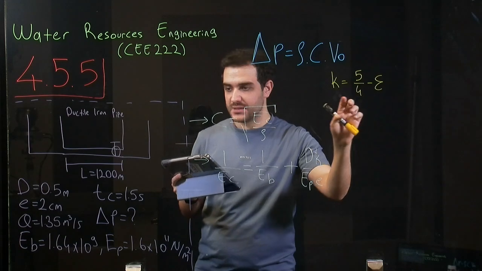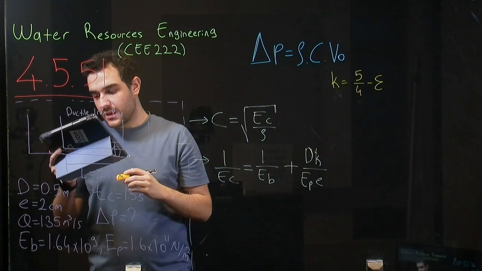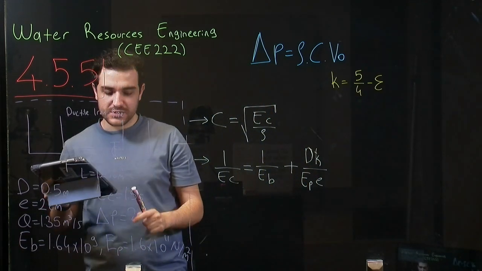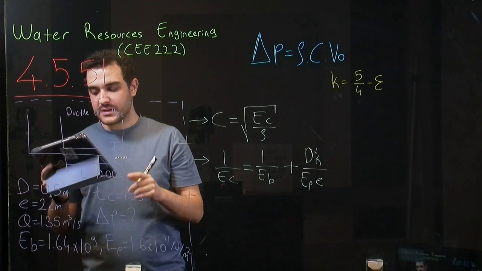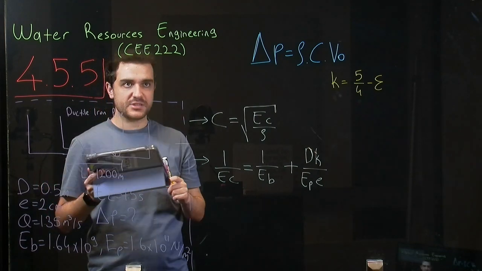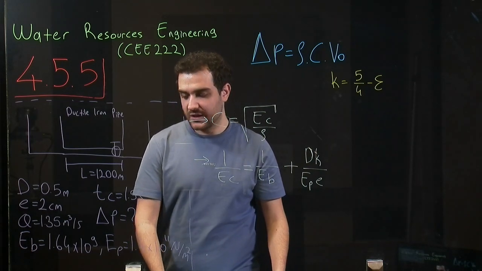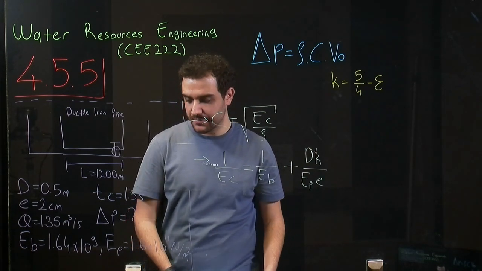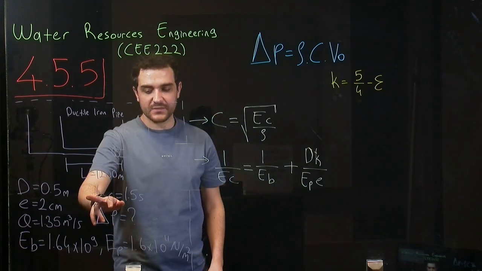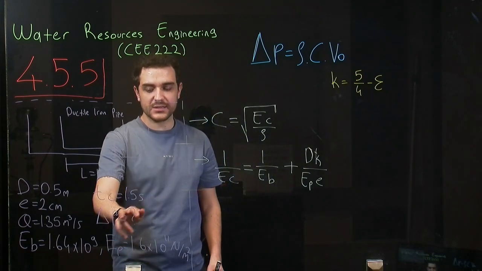So we will calculate this based on this condition. So if the valve is closed in 1.5 seconds, determine the maximum water hammer pressure. So if you remember, in the first question, we calculated this valve closure time, but this time it is given and we are going to calculate the pressure.